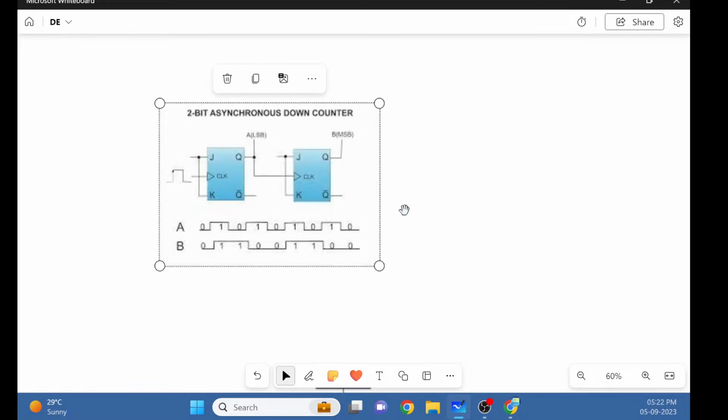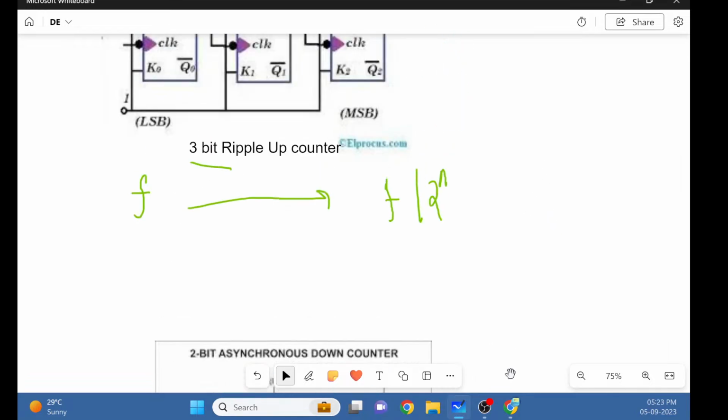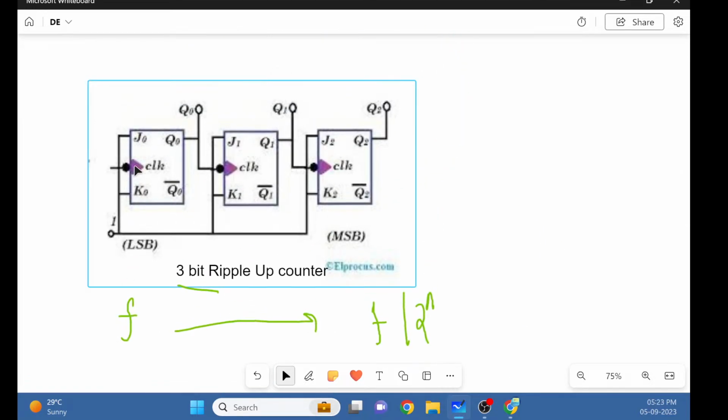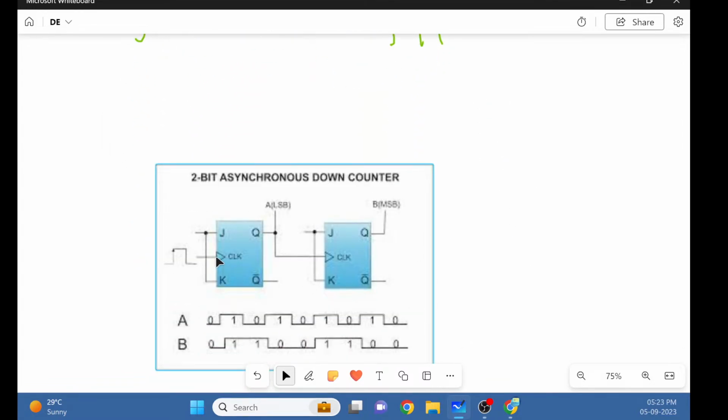Now this is an asynchronous down counter, right? It will count in the opposite direction. Now how do you decide whether it is an up counter or a down counter? It is very simple, using the clock pulse given over here. If it is a negative trigger, you can see over here there is a bubble on each flip-flop, and in the earlier diagram there is no bubble.